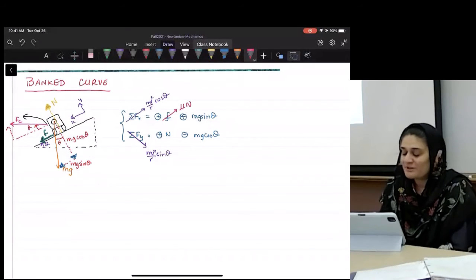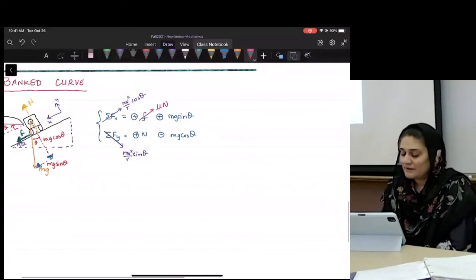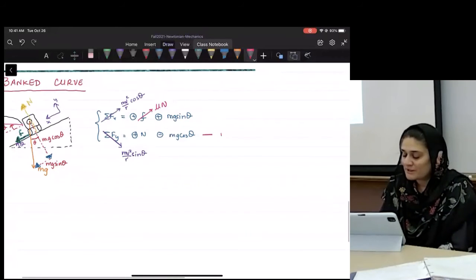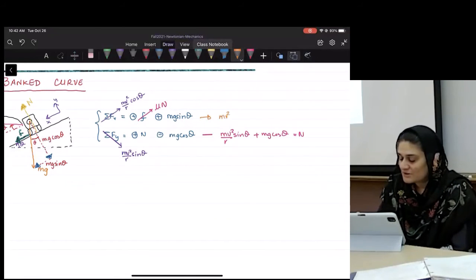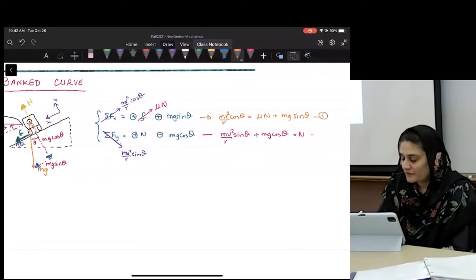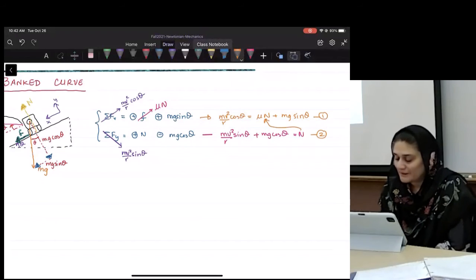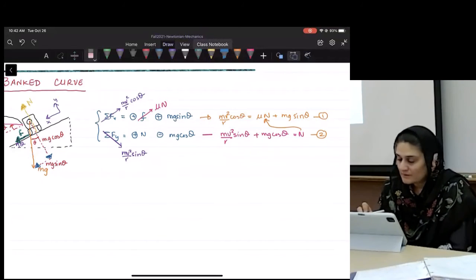Okay, well then this is going to be mu N, right? And I know this will give me mv squared over r sine theta plus mg cosine theta equals N. And mv squared over r cosine theta equals mu N plus mg sine theta. Call this 1, call this 2, plug this value in here. What will I get? So from equation 1, let me give myself more room.